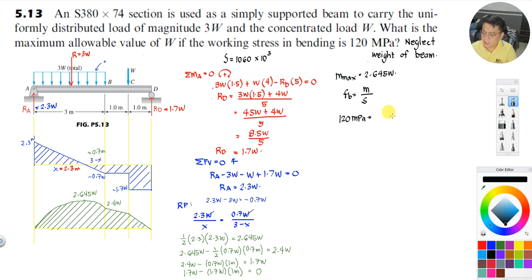And then I have here the M, but to make it kilonewton meter, I multiply it by 10 to the 6 to make it newton millimeter. And then you can have the Sx as 1060 times 10 to the 3.